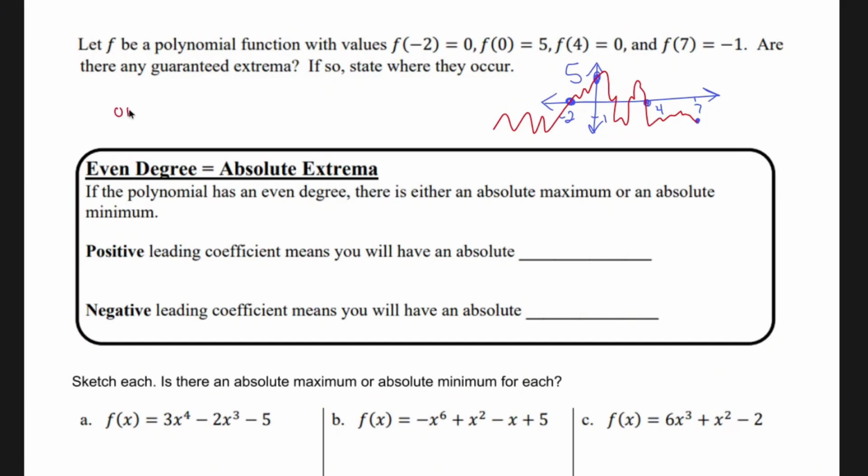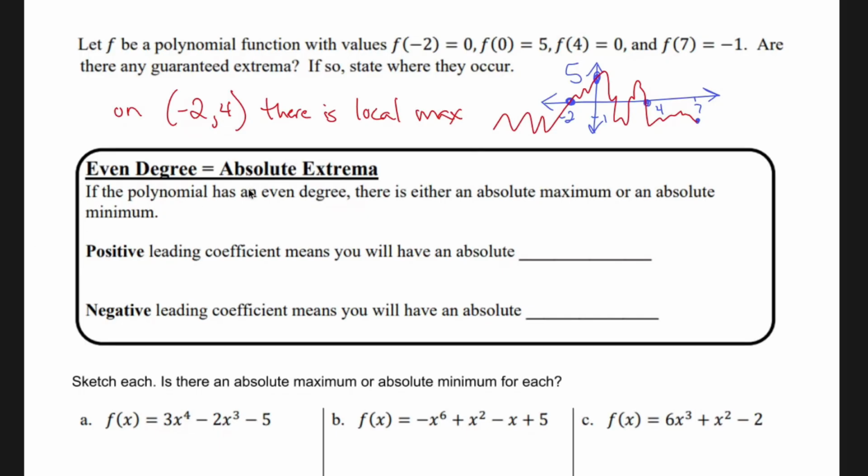So we will say on the interval -2 to 4, there exists a local maximum. We just don't know what everything else looks like. This could have been a nice smooth picture, but at the very least, we know that there's going to be a local maximum.